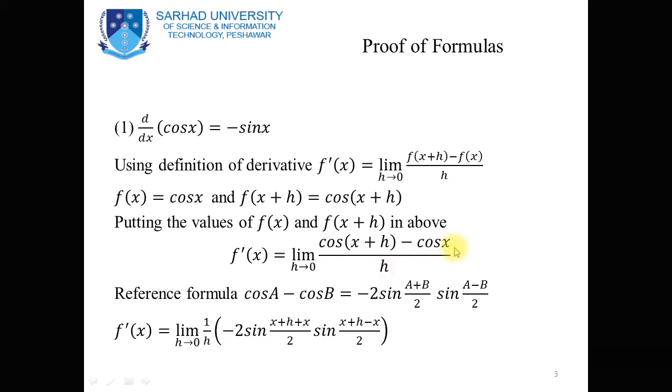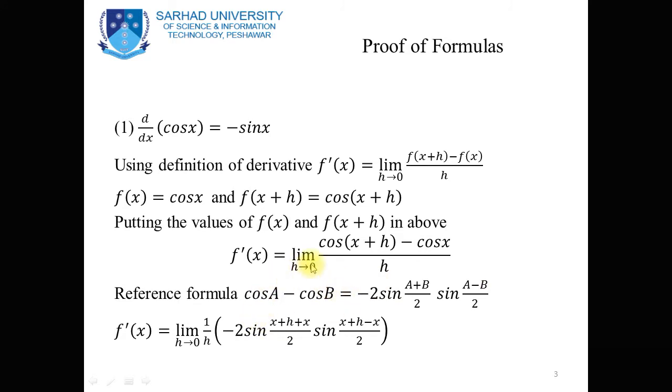Now this is actually a 0 by 0 undefined limit form. So we are going to resolve this undefined limit. By using the formula cos a minus cos b is equal to minus 2 sin of (a plus b) divided by 2 into sin of (a minus b) divided by 2. This is the trigonometric identity.